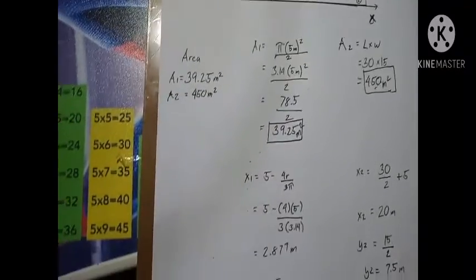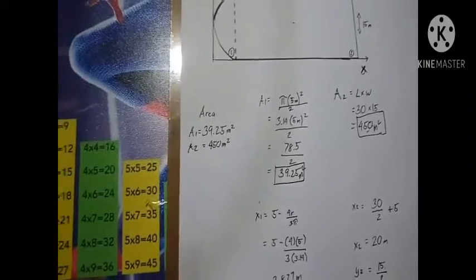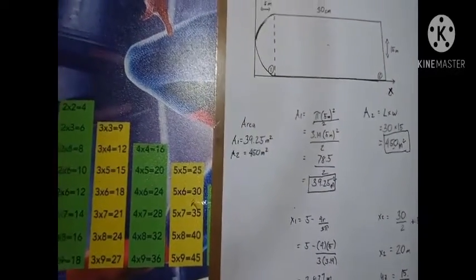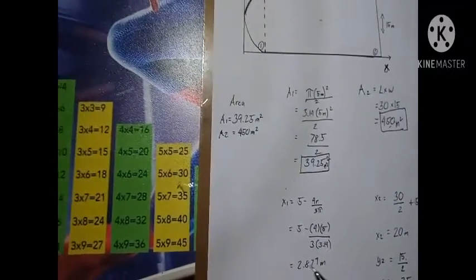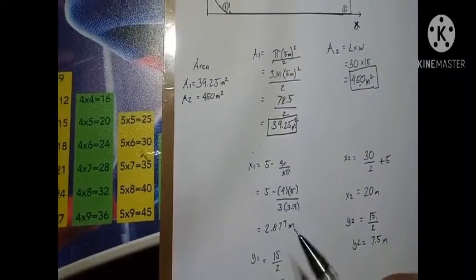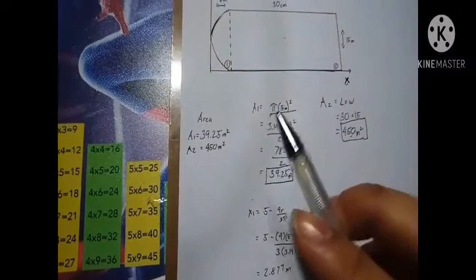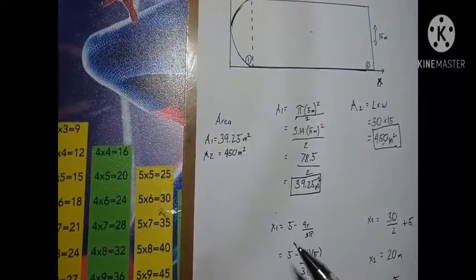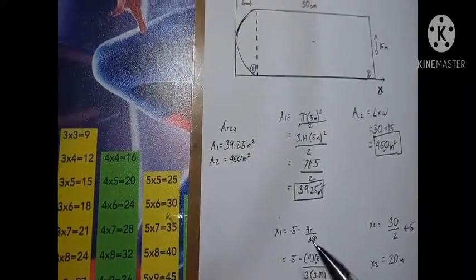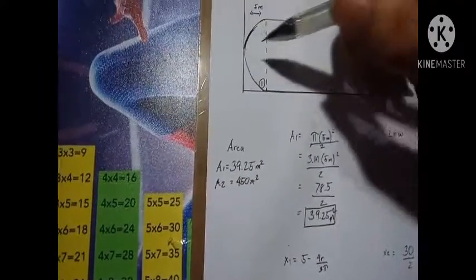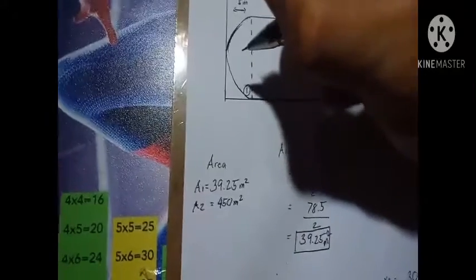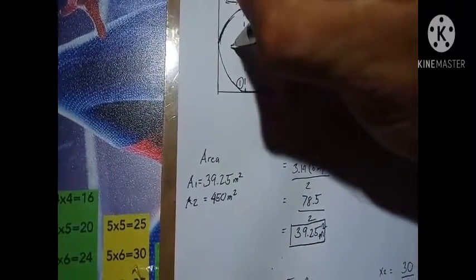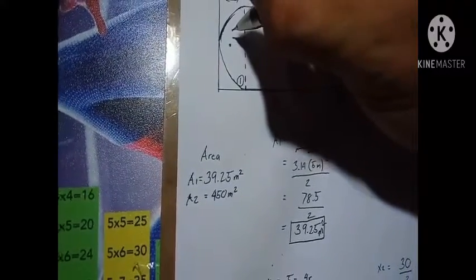Then after that, we have to solve the x1 and the y1 of both figures. So here for the semicircle, it is constant that we have to determine the centroid, which is right about here.